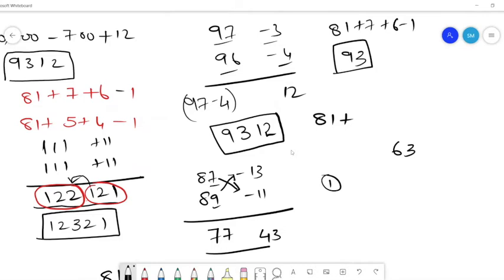So 143, 43 and 1 carried over. Then 7 plus 9 minus 1, that is 15. 15 plus 1, 16, to be added to 64. Oh, actually, you're taking 64, right? If you're taking 64, then you should be careful. If you take 64, I don't think you'll get it.